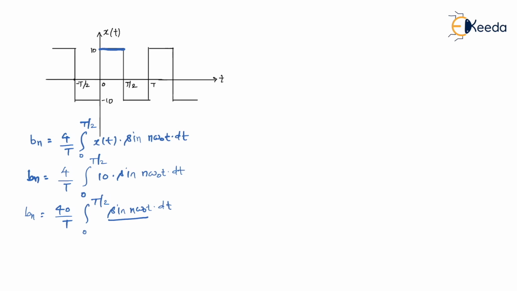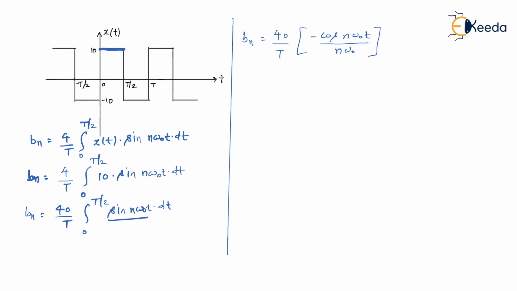So this sine function we are integrating with respect to time, and the integration of sine is minus cos. Bn equal to 40 divided by T. Integration of sine, as I said, is minus cos, so it becomes minus of cos of n omega naught t, whole divided by n omega naught, and the lower limit is 0, upper limit is T by 2.